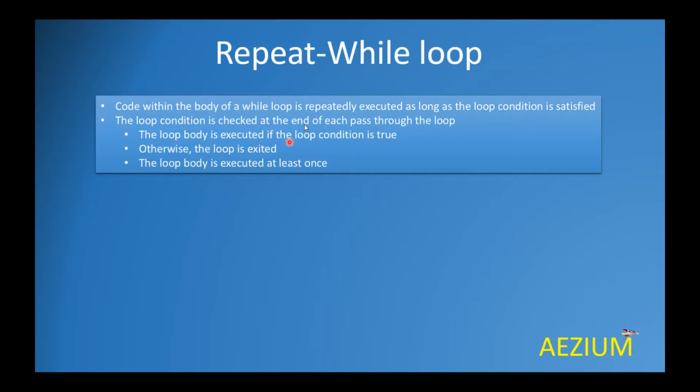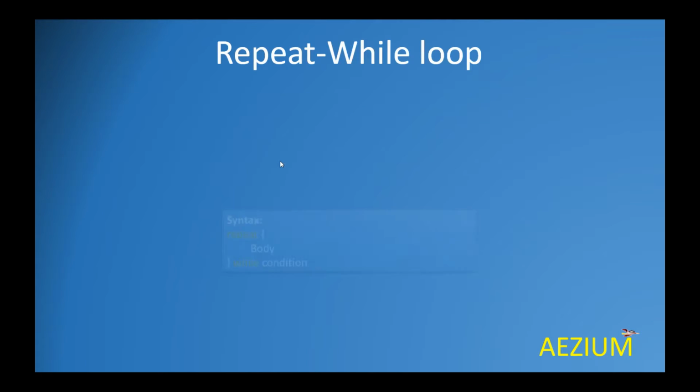So the loop body is executed if the condition is true, otherwise it is exited, similar to the while loop, but because the checking is done at the end, the body of the loop is executed at least once.